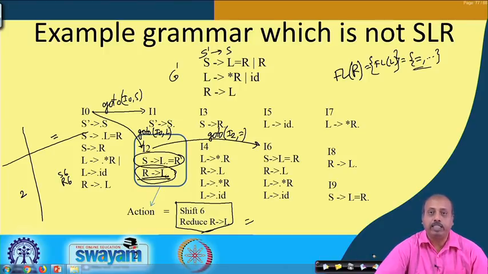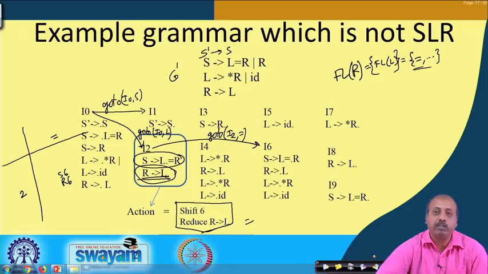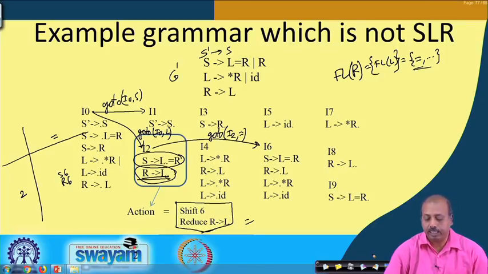So, what is the solution? One solution is that you modify the grammar. Whether it will catch the language syntax properly or not, that is a question. If you can modify the grammar and make it SLR, it is well and good. If we cannot, then we have to go for a more powerful parsing strategy, called the canonical LR parser, which is more powerful than the SLR parser, but it will have more complexity.